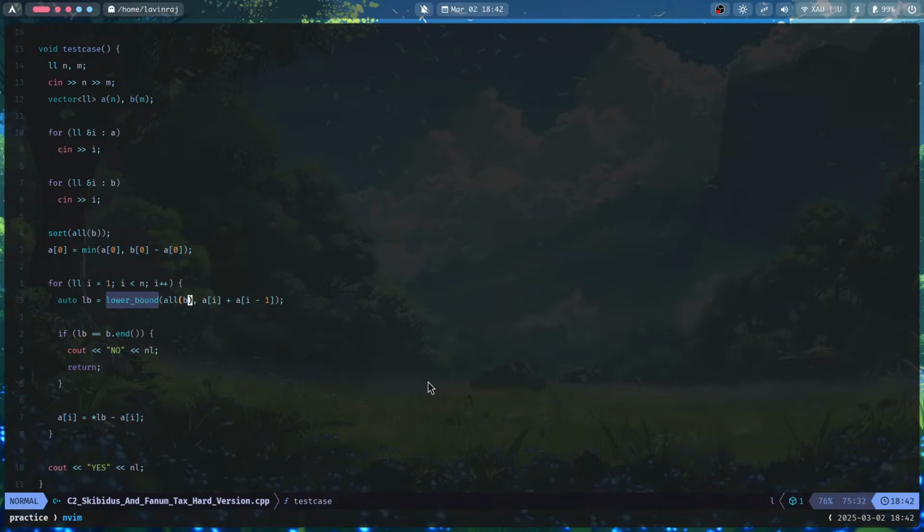Then what we do, we take a lower bound of previous element plus the current element because we're going to subtract that. We subtract that element and, okay.